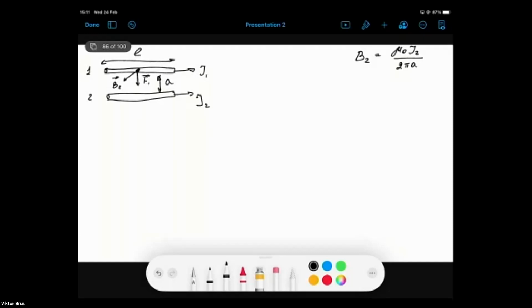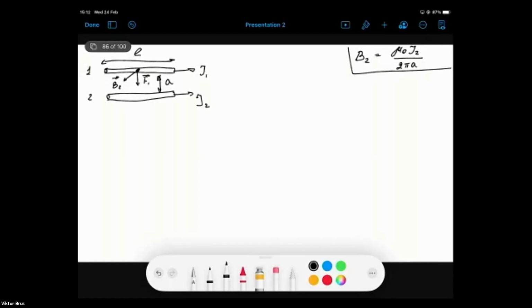Here a is the distance from the wire to the point where we want to determine the magnitude of the magnetic field, mu naught is the permeability of free space, and I2 is the magnitude of electric current. So we keep this in mind, and we will come back to this.